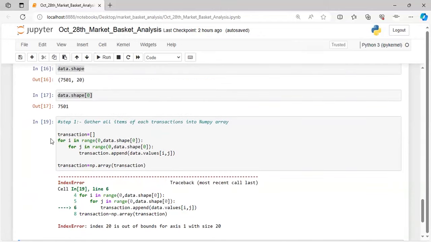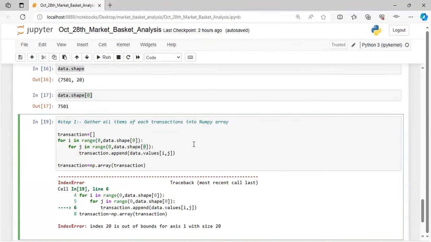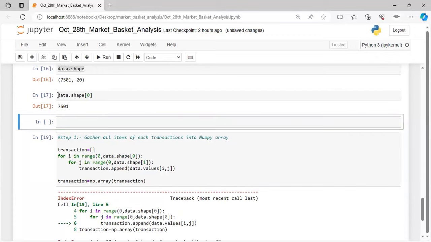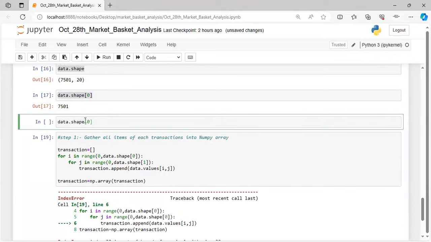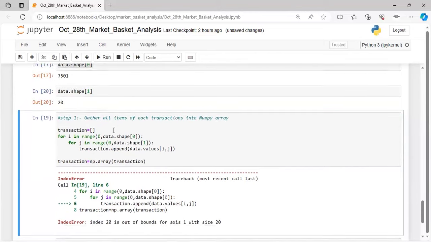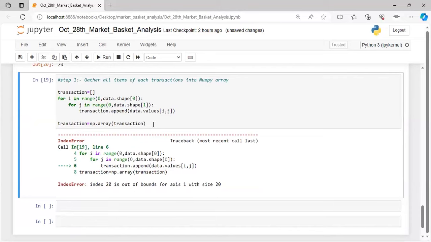For i in range 0 to 7501, all fine. For j in range, it will not go from 0 to 1. Basically, we want to use the columns also, and the number of columns is 20. So here we'll pass 20, all fine.